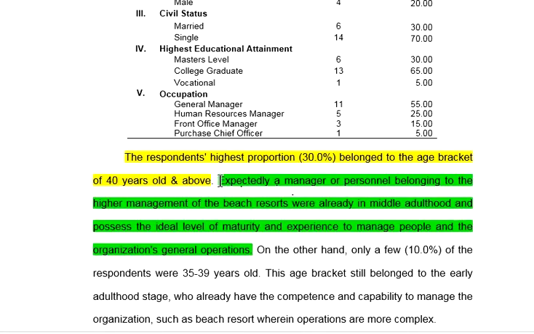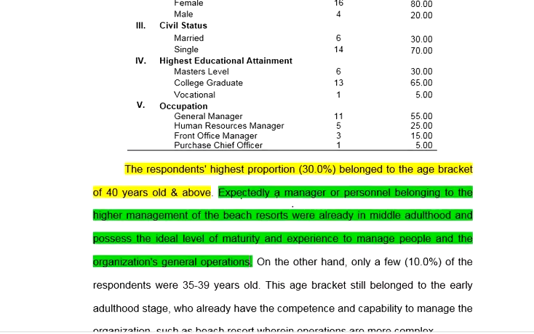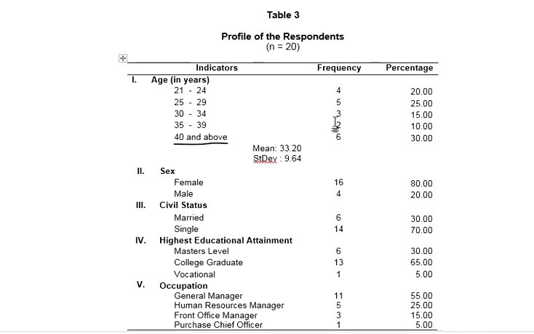So this highlighted in green, this must be your own words, your interpretation. And then after that, you will mention also the lowest, which is the number 2, 35 to 39.